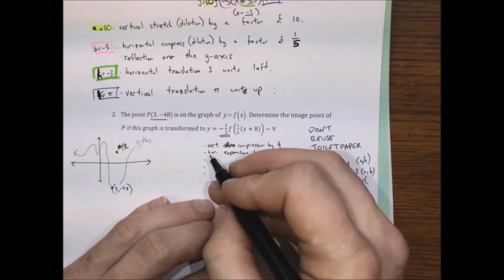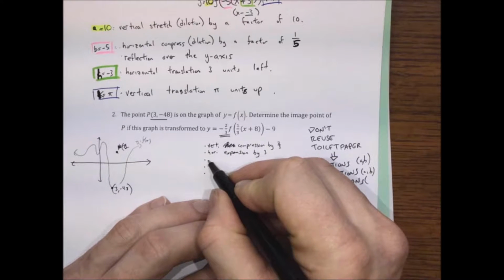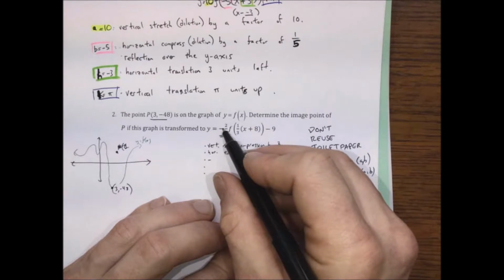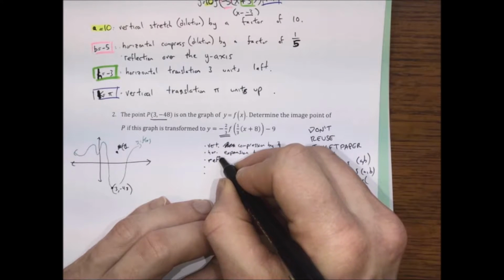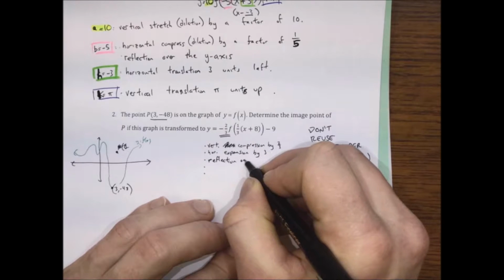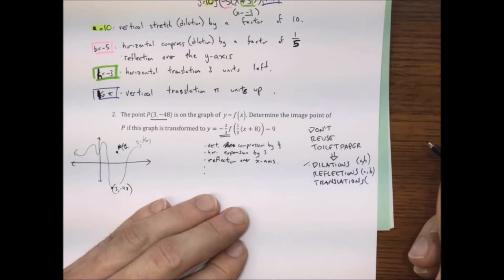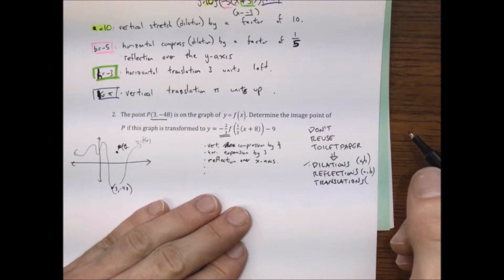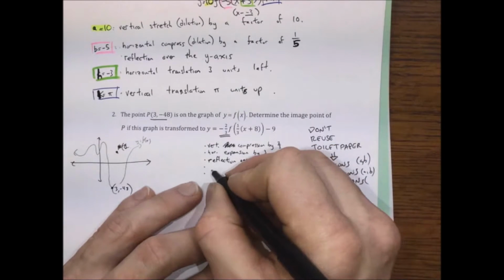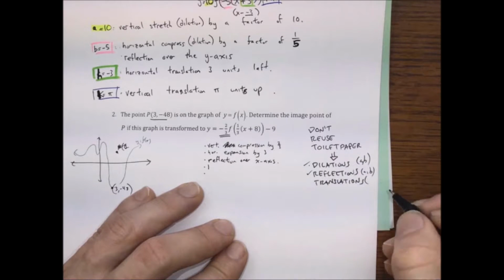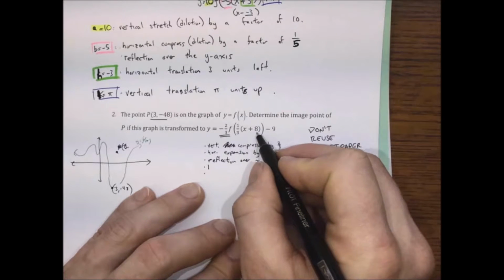I have a reflection over the x-axis. Okay, what else? Now that's my reflections done, I can move on to my translations. So these guys are my translations.